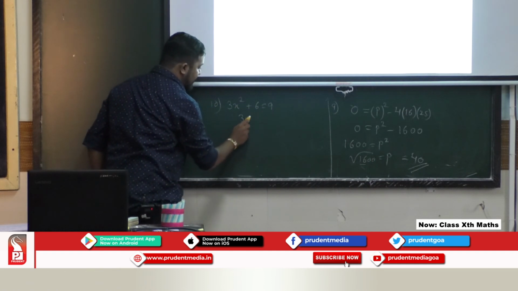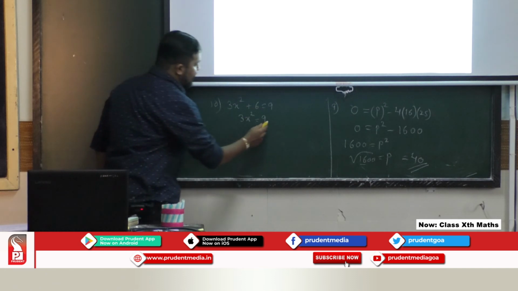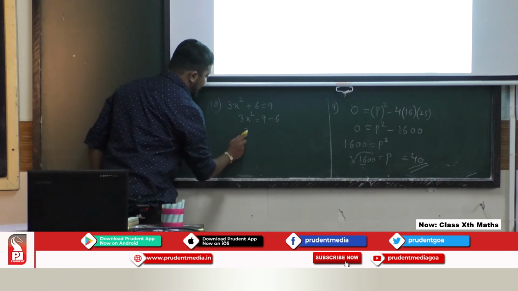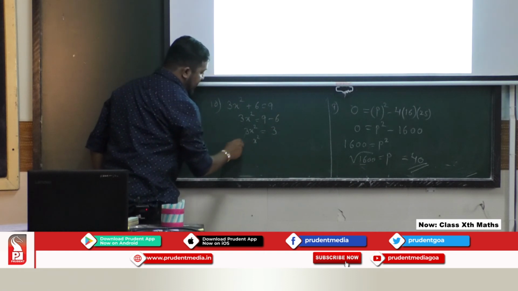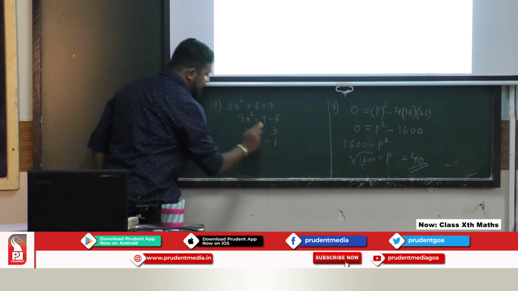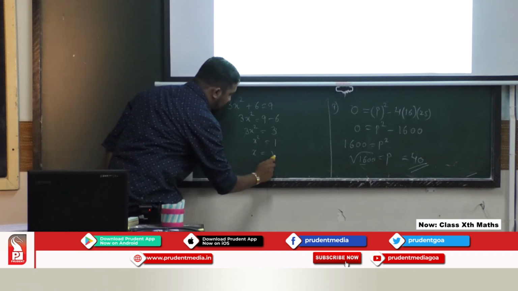So 3x square equals 9, take the 6 to the other side. So 9 minus 6, 3x square equal to 3. So x square, 3 and 3 will get cancelled. We'll get the answer 1. So x will be root 1.